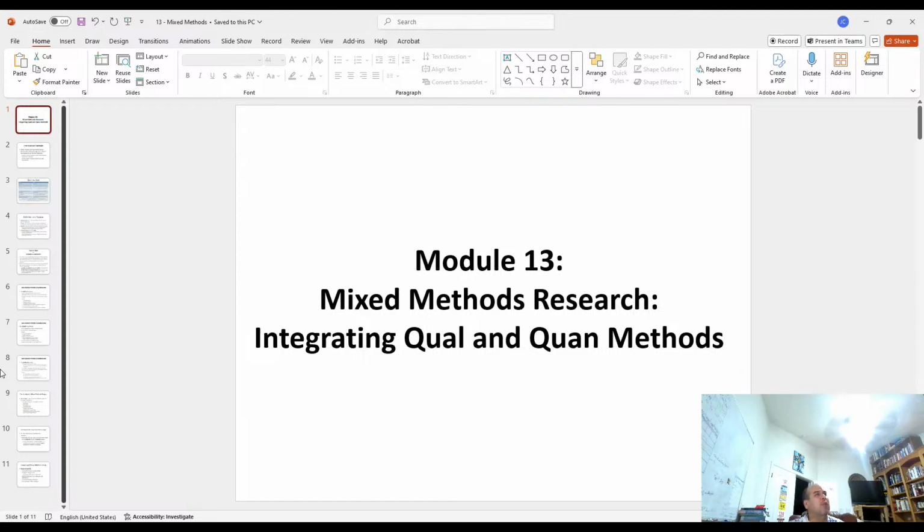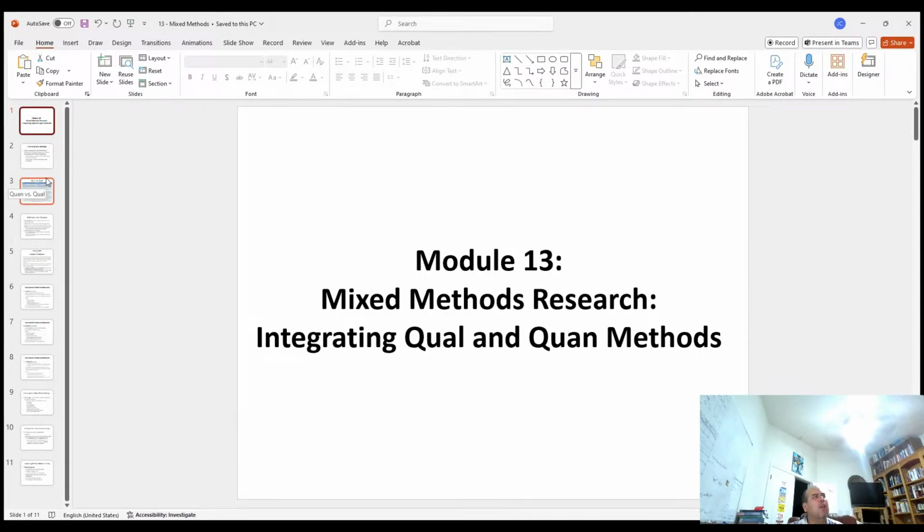And so mixed methods researchers really understand and get a lot of training in qualitative and quantitative and are able to use both. Sometimes they have a strength more in one and the other. So it's pretty rare to find people who are versed and trained in both and use both at a very high level. But we're going to talk about it as connoisseurs of research, you'll probably run into some research that uses mixed methods.